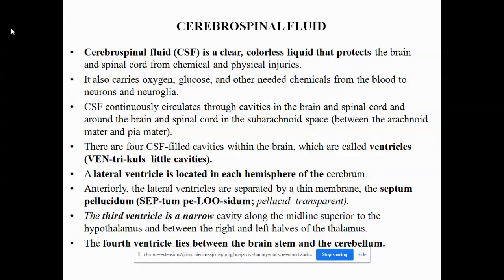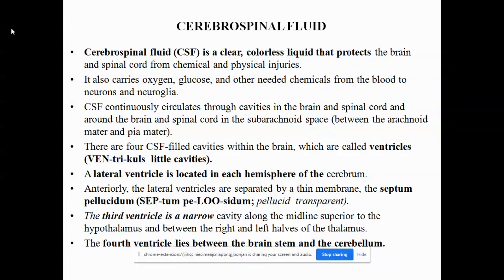So the first ventricle, the lateral ventricle, is present in each hemisphere of the cerebrum. The fluid is flowing through the septum pellucidum and the interventricular foramen, and the third ventricle, which is present superior to the hypothalamus, and between the two halves of the thalamus.